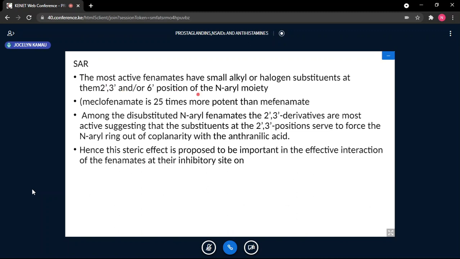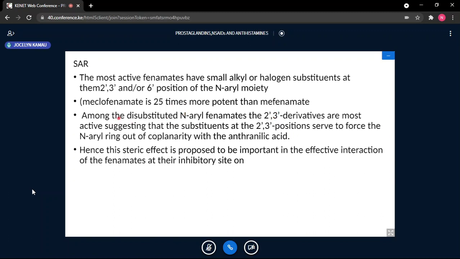The most active phenamates have small alkyl or halogen substituents at the 2', 3', or 6' position of the N-aryl moiety. You cannot fail to specify the N-aryl moiety. It is not on the anthranilic acid group. Like meclofenamic acid is 25 times more potent than mefenamic acid. And this is what we have said, because this should be 2',6', not 2',3'.